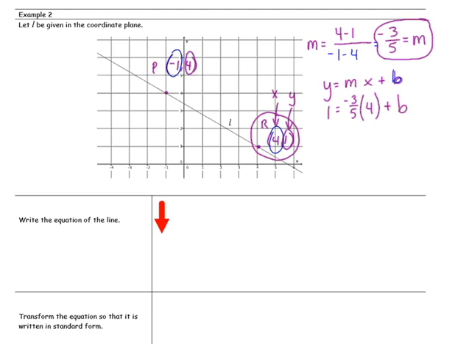And we're going to solve for b to find the y-intercept. We simplify. This gives us -12/5 plus b is equal to 1. Add 12/5 to both sides of the equation to solve for b.